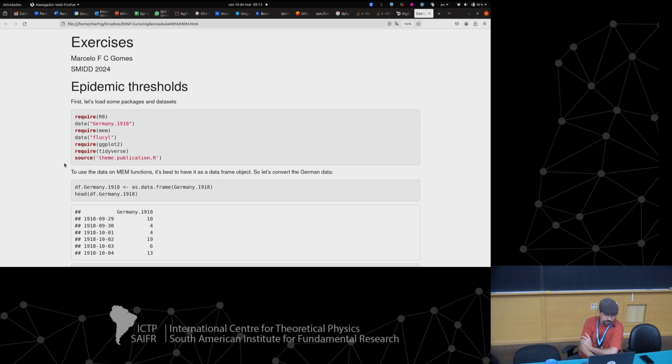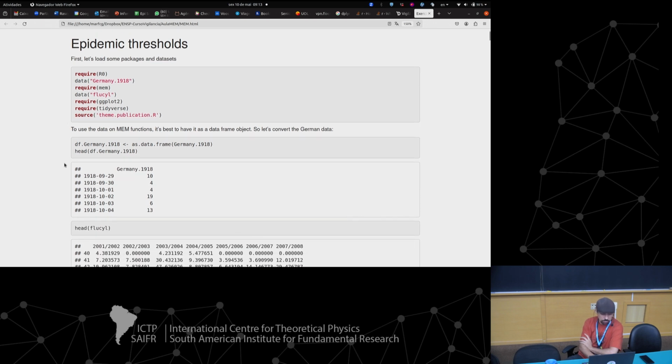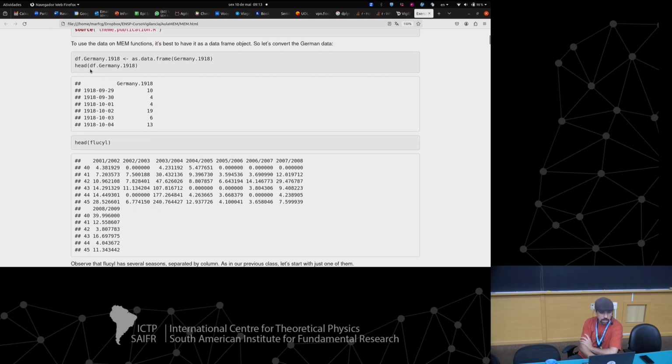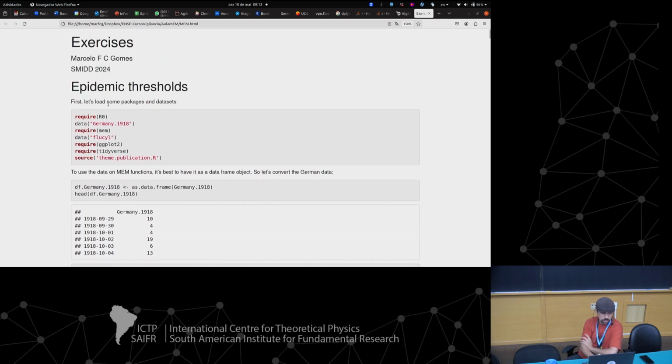But in any case, first of all, the data set that is presented in R0 is the time series for, if I'm not mistaken, I'm not 100% sure, but I think it's ILI in Germany in 1918, but I'm not 100% sure, so don't quote me on that.